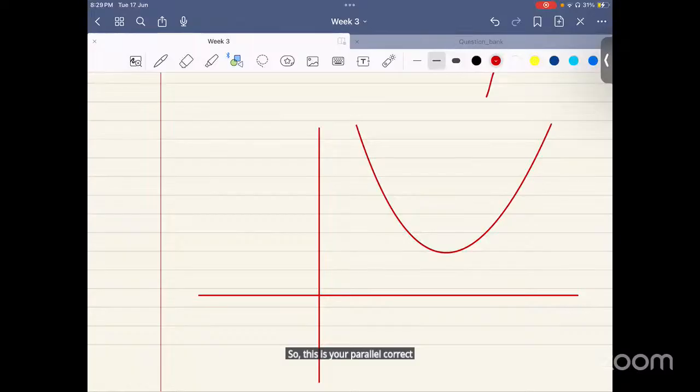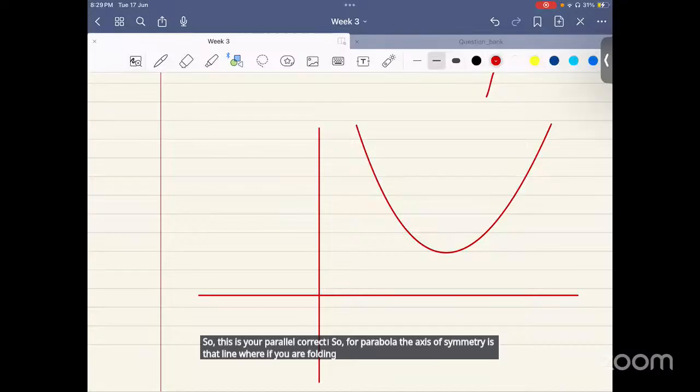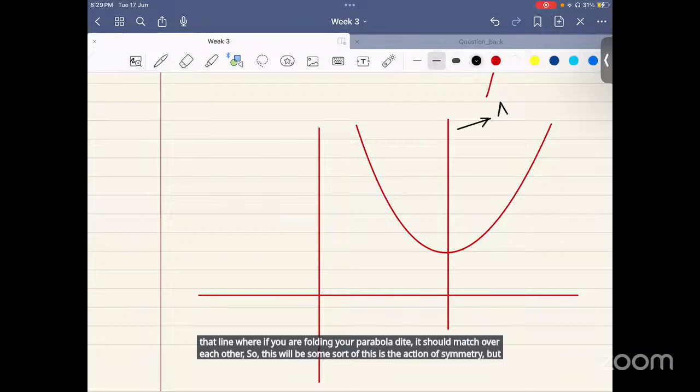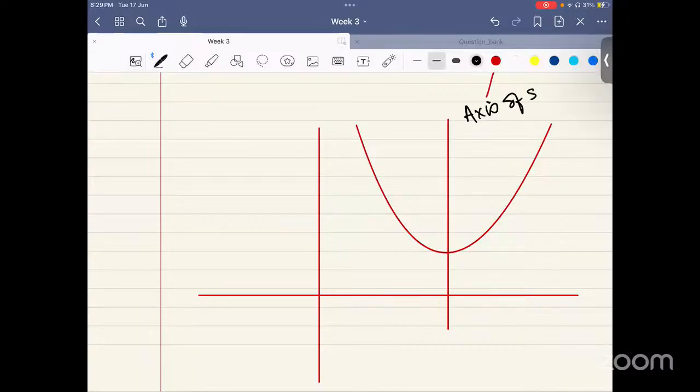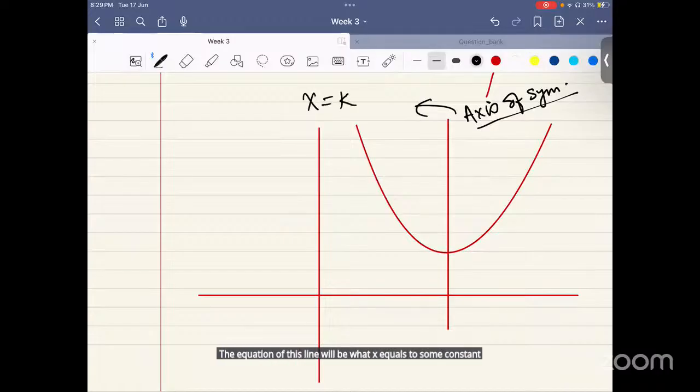For a parabola, the axis of symmetry is that line where if you fold your parabola, it should match toward each other, right? So this is the axis of symmetry for this parabola. And the equation of this line will be what? x equals some constant, correct? Till now, is it clear to everybody?